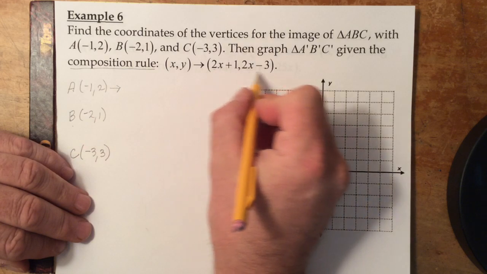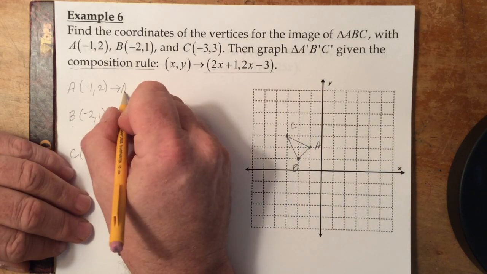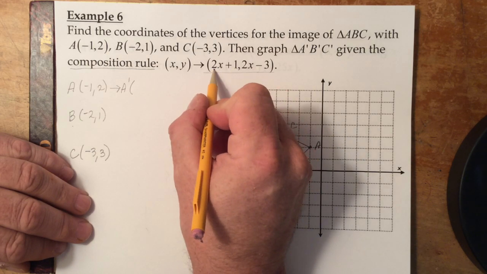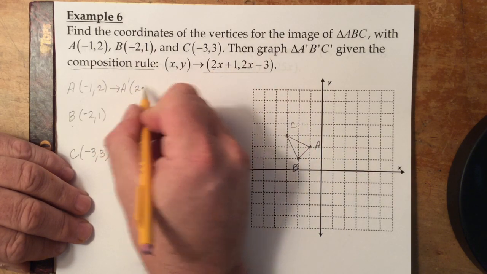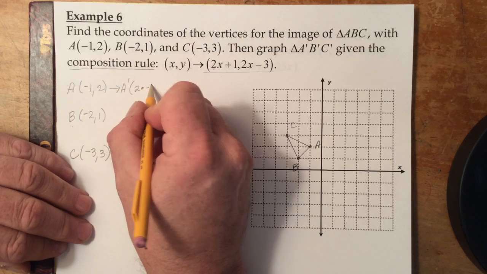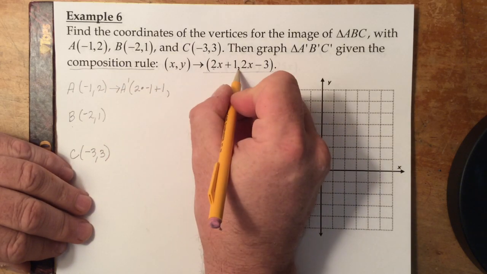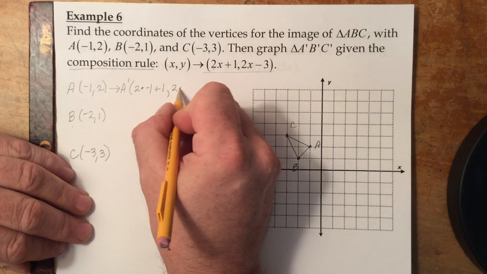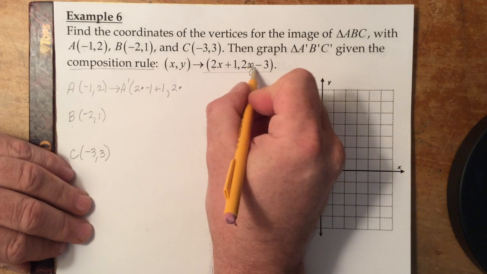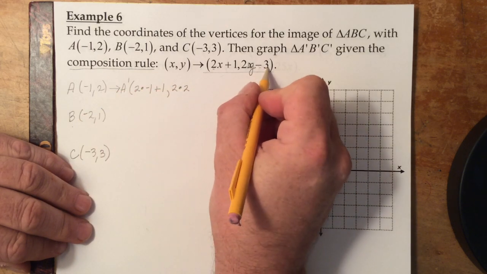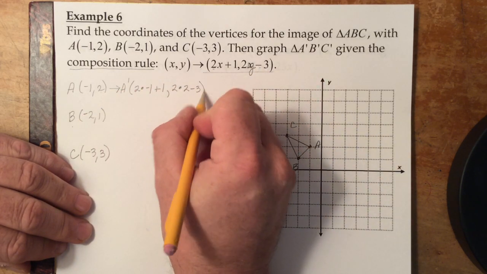Now we're going to use the rule. So we take A and it becomes A prime. We start with the first coordinate, 2 times x, which is -1, plus 1, comma, 2 times y, which is 2, minus 3 on this one.